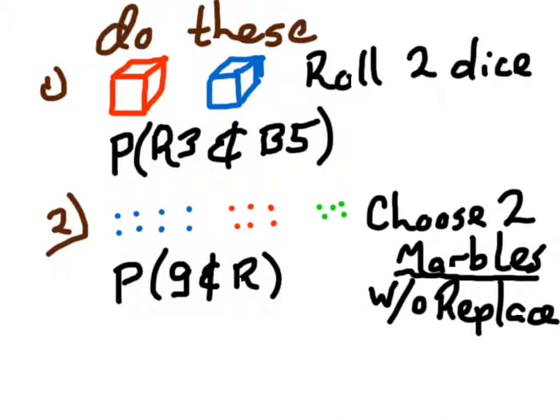You have 8 blue, 6 red, 5 green. Choose 2 marbles from that bag without replacement. What's the probability that you will get a green and red? Okay, have fun with those, and make sure you show your work. If you don't show your work, I won't give you credit.